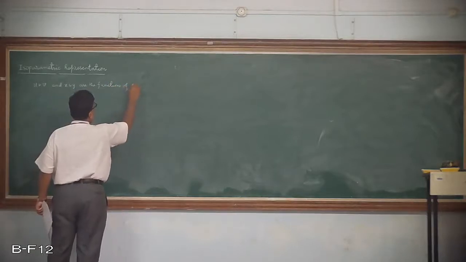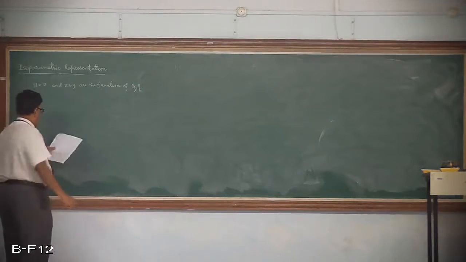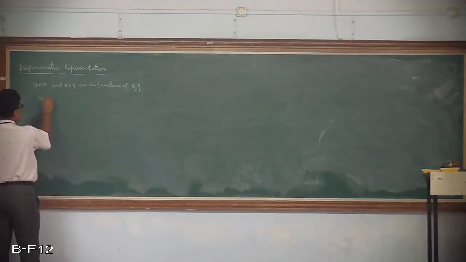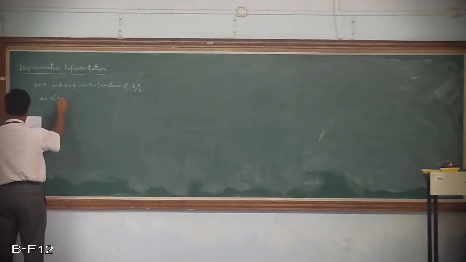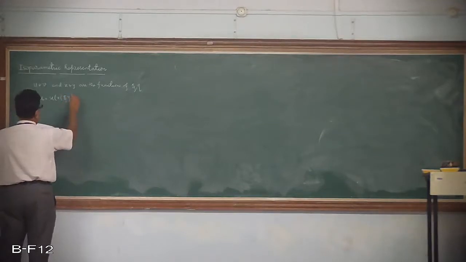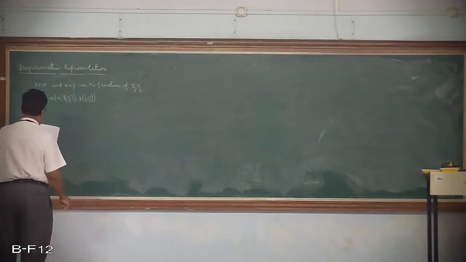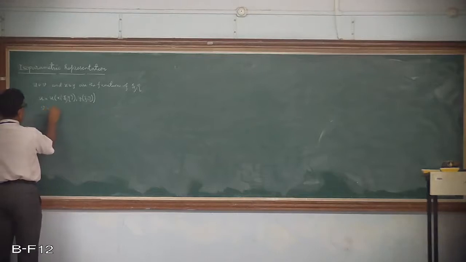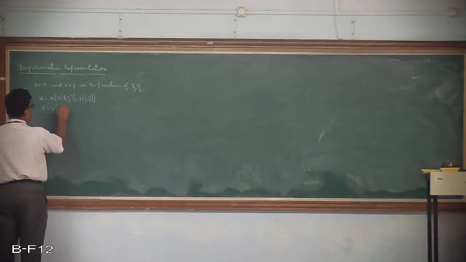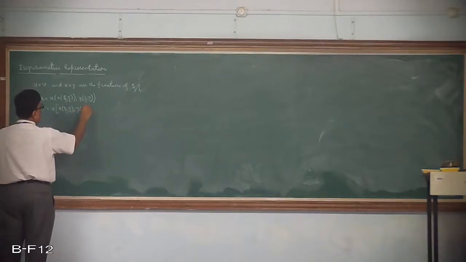Therefore, I can rewrite u as u of x comma zeta eta, y comma zeta eta, and v is also equal to v of x comma zeta eta, y comma zeta eta.